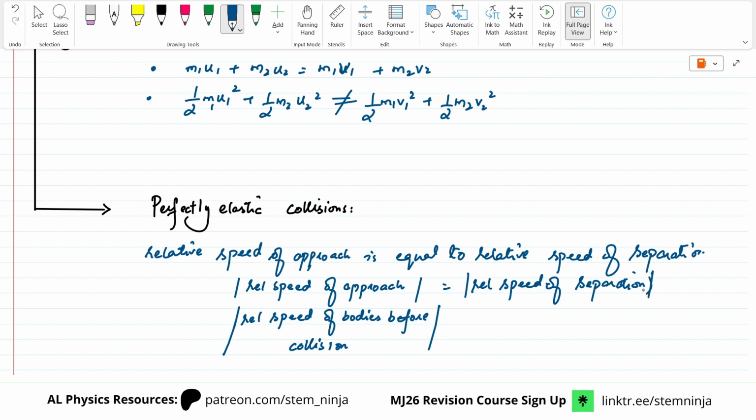And relative speed is the same concept we just talked about at the start of this video. So relative speed after collision.